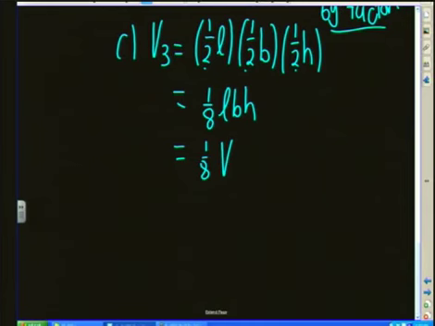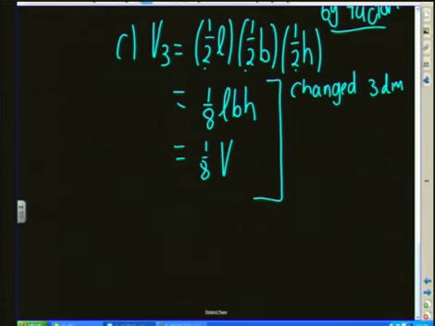So this was when we changed 3 dimensions, we multiplied 3 dimensions by some factor. Then your new volume was k cubed times the original volume.